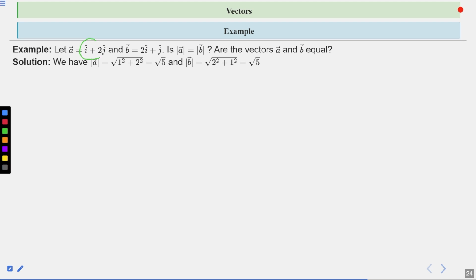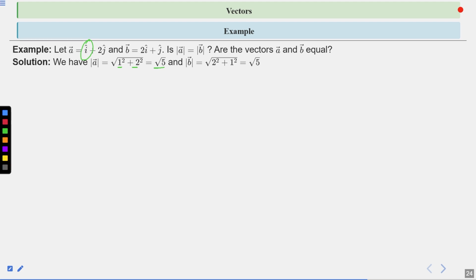So it will be under root 1 square plus 2 square, because the constant value of I cap is 1 and the constant value of J cap is 2. So this represents the magnitude. So under root 1 square plus 2 square, that is under root 5.